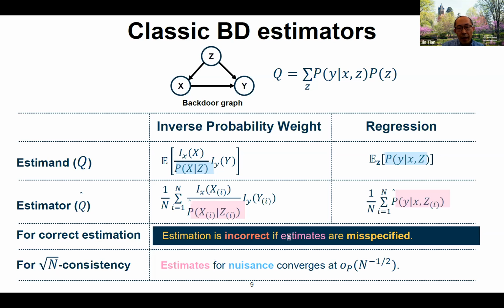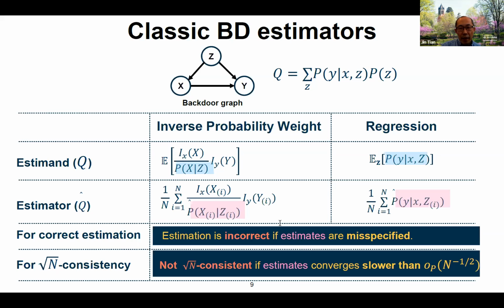So if the models are misspecified, then the estimation may not be correct. That's known as the misspecification problem. And also, if the estimates for the nuisances do not converge fast enough, then your overall estimate will not be able to achieve square root n consistency.